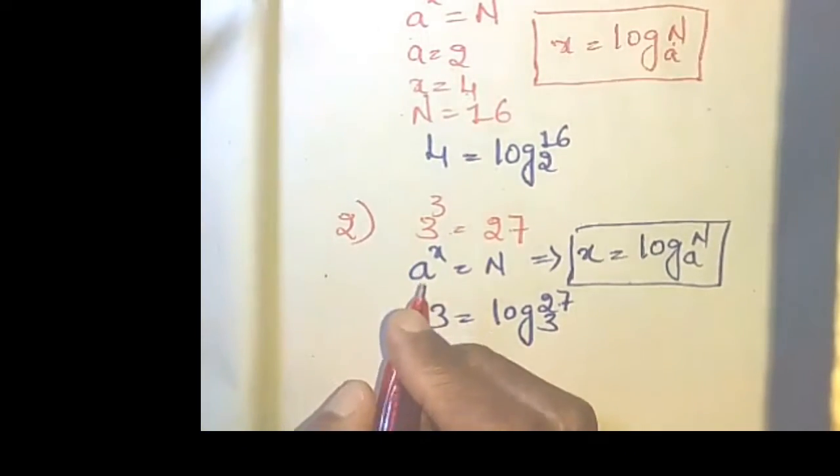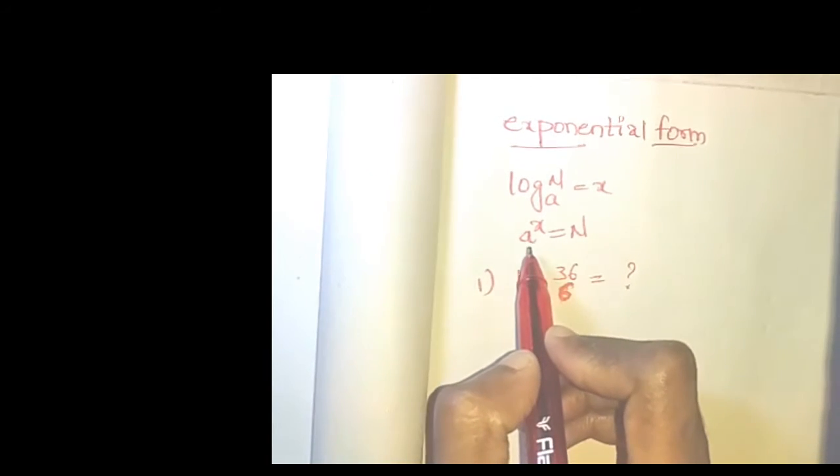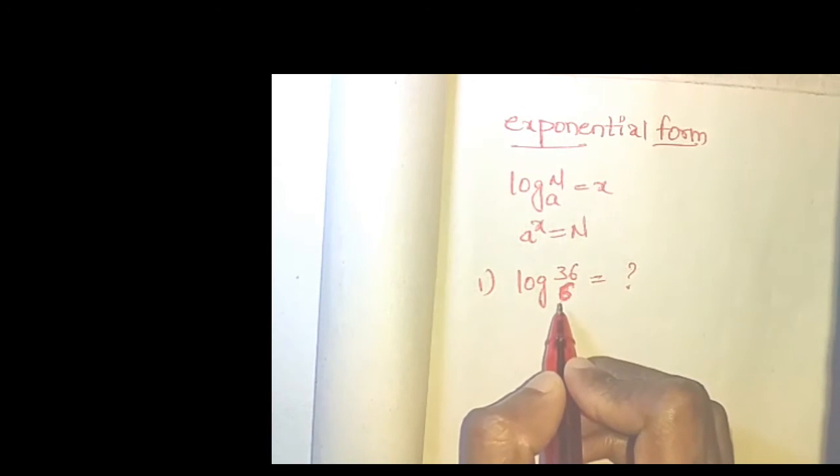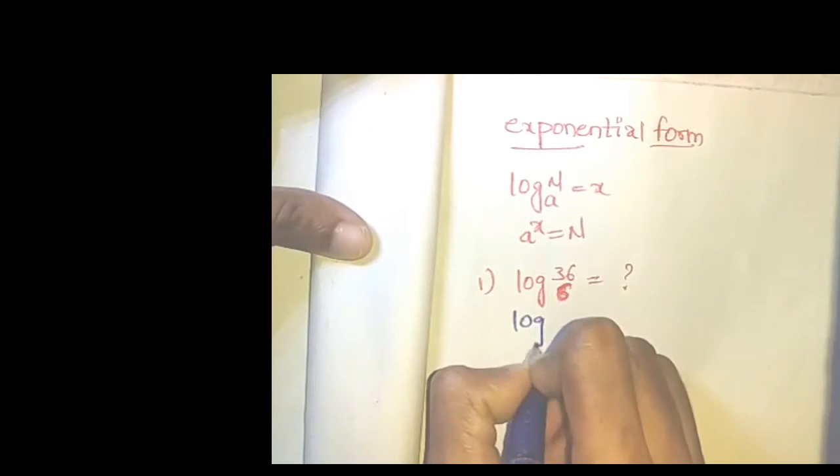Now here is the method for converting logarithmic form into exponential form. Now remember these two things, that is log n base a is equal to x and a power x is equal to n. So what they have given is log 36 base 6, right? So this is in the form of what? Log n base a. So let us consider this as x.